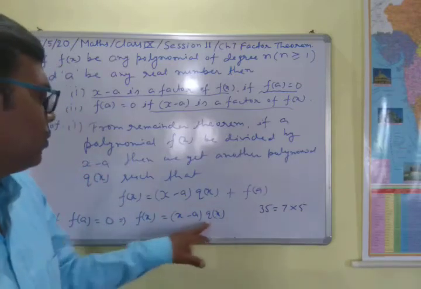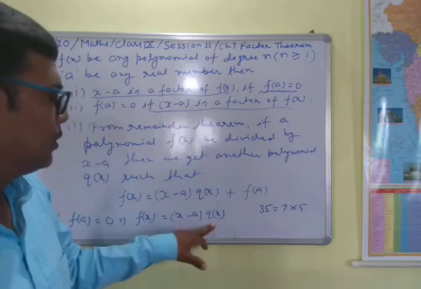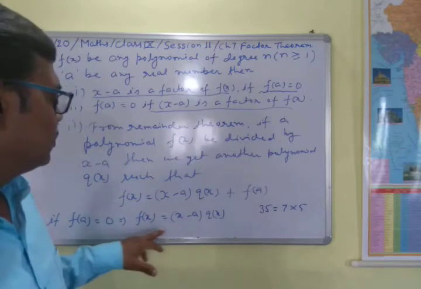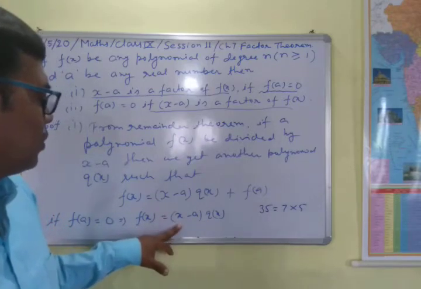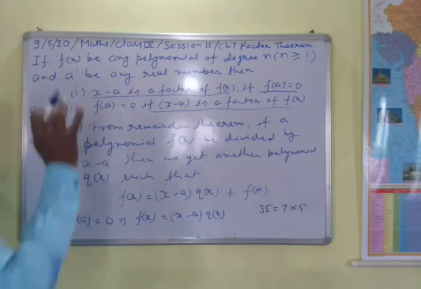Here also it is a similar case: f(x) equals this factor into this factor, and so x minus a is a factor of f(x). So this is the first part, and then we will prove the second part.